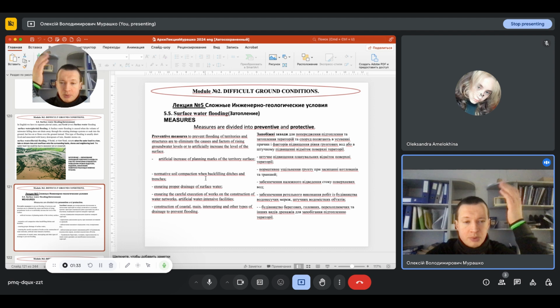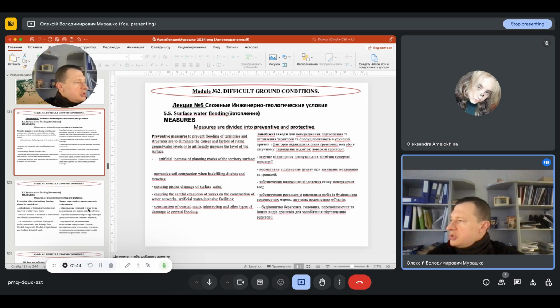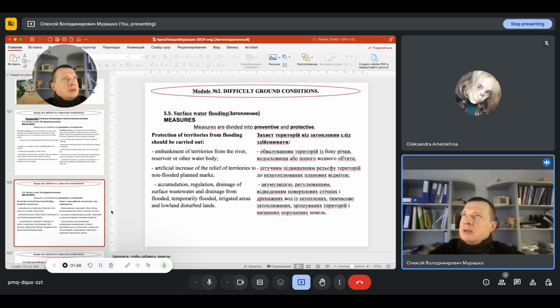So it will protect your building from a future increase of the water level. It will be something like Venice, or Ukrainian Venice, which is located in the south of our region, in the Izmail region, but I forgot what that small city is called.